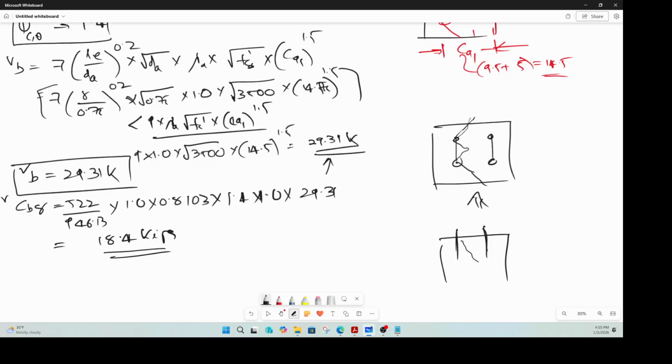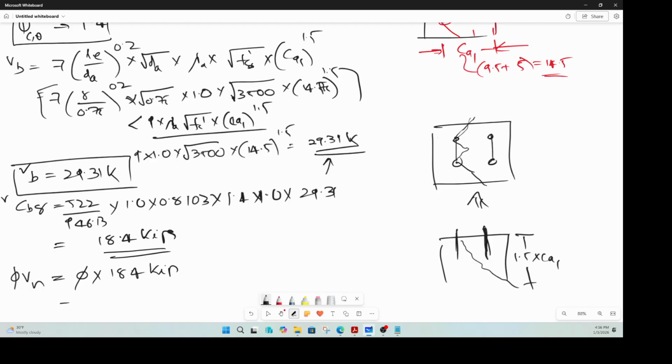When this crack forms like that, with the depth of 1.5 times ca1, then the strength of these two things is useless. So the group capacity cannot be multiplied with the 2. It is just that value. But then the factored nominal is you apply that factor on this 18.4 kips.